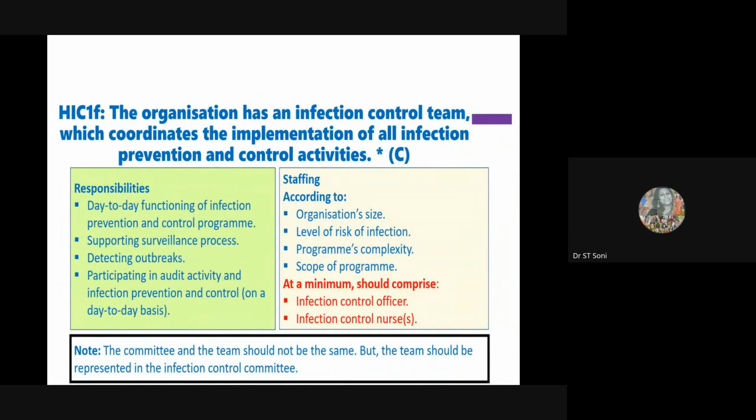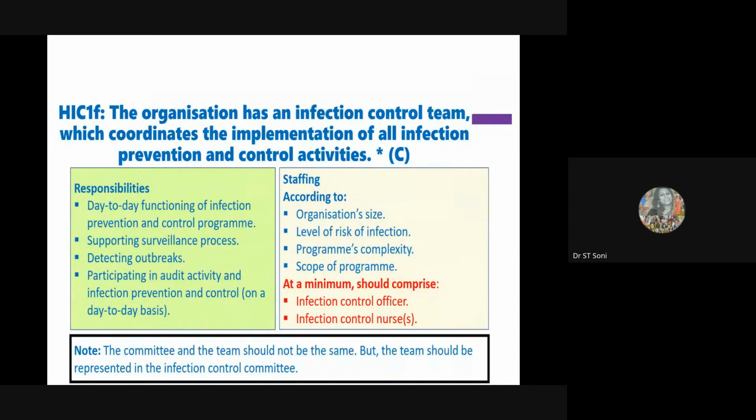Okay, infection control team is a team which basically looks into the day-to-day functioning of the infection control program and supports the surveillance process. And if any outbreak happens, it does the outbreak investigation and participates in the audit activities.